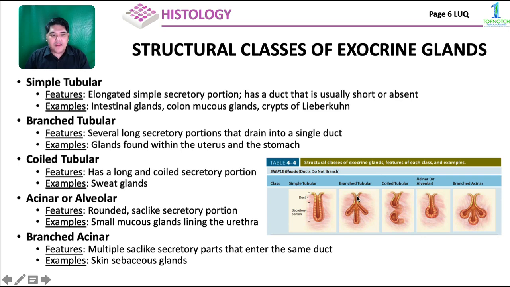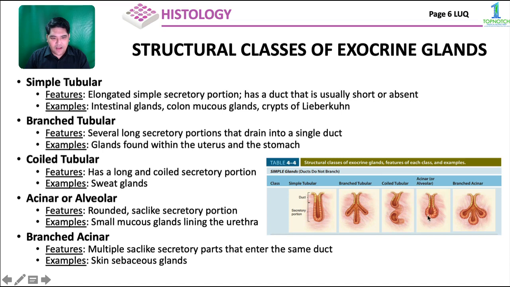Example niyan, in the uterus and in the stomach. Ang coiled tubular, long and coiled. O, saan makikita? Coiled sweat glands. Ang acinar alveolar nyo, rounded sac-like secretory portion ito, no? Usually itong orange na ito, and then they will secrete it towards the duct.